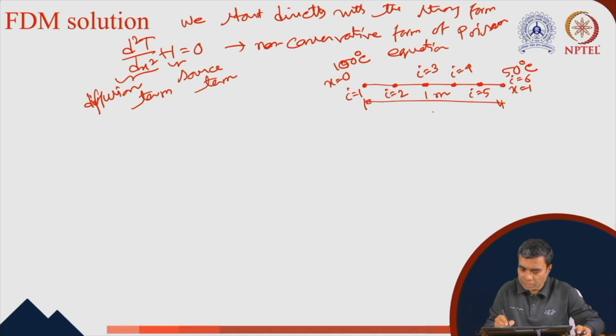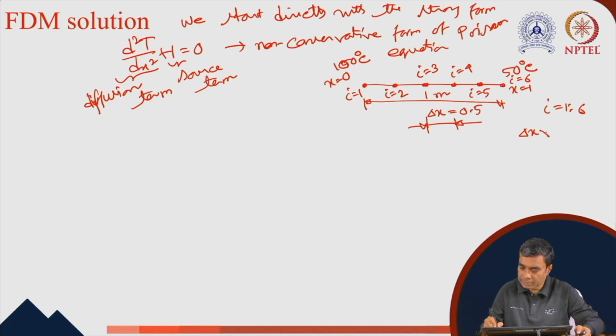Now, if we consider this particular picture here, the distance between two successive nodes, that is the grid size, we represent as delta x. So here i is varying from 1 to 6, so we have 5 values of delta x.